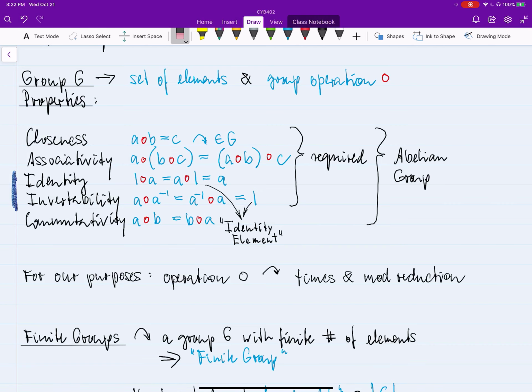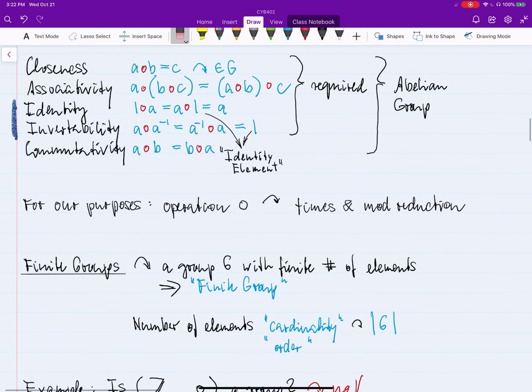Okay, so there's one additional operation if this is fulfilled. It doesn't need to be fulfilled for every group, is that we can say A donut B is the same result as B donut A. And if this condition is fulfilled, and we are going to see that it is fulfilled for the groups that we are going to deal with here, we call such a group an abelian group.